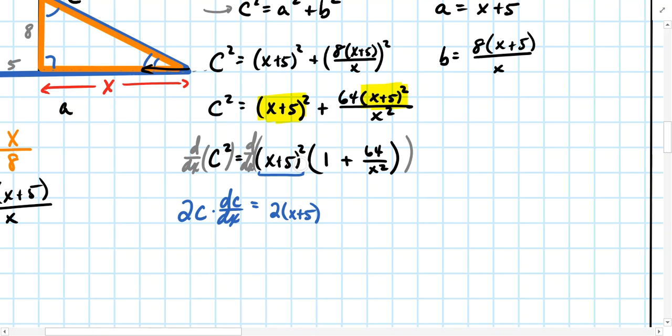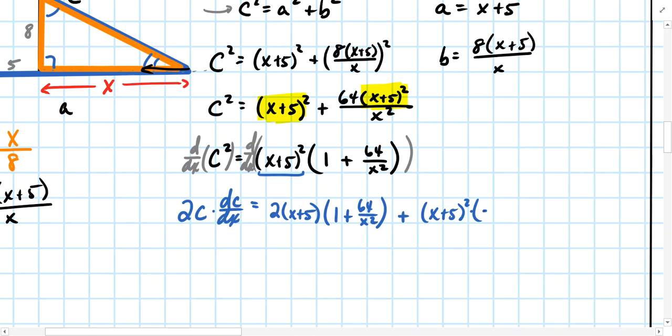So this is the derivative of the first function, and we multiply that by the second function, untouched. And to that we add the first function times the derivative of the second. Now the second function's derivative, of course, this one, derivative of 1 is 0. And the derivative of 64 over x squared, well, we'll multiply the 64 times 2.